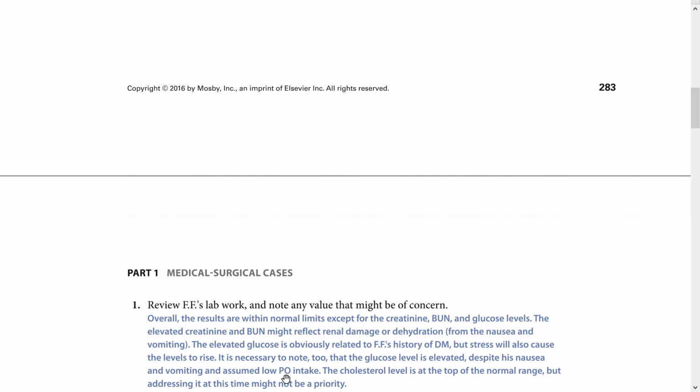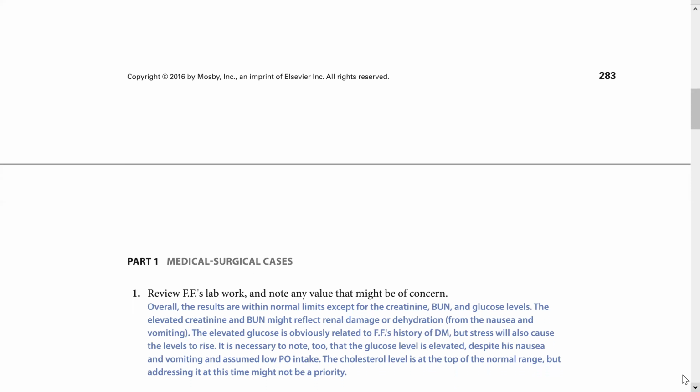So despite the nausea and vomiting and the assumed low PO intake, we still have an elevated glucose. Cholesterol level is at the top of the normal range, but addressing it at this time is not priority. So you just kind of make note of it, and then right now we're going to deal with the kidney stones.